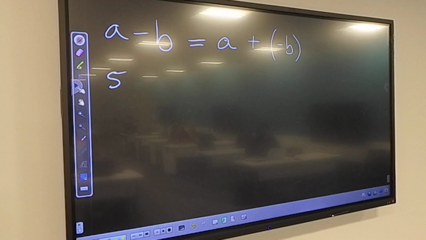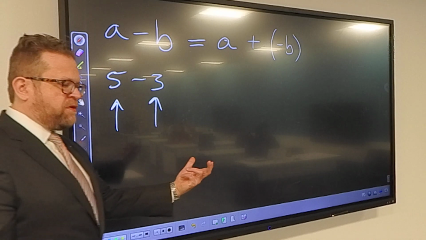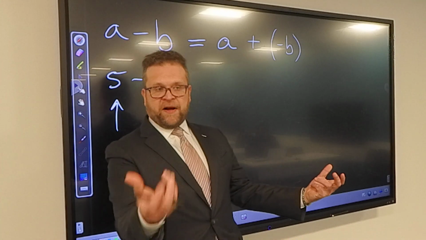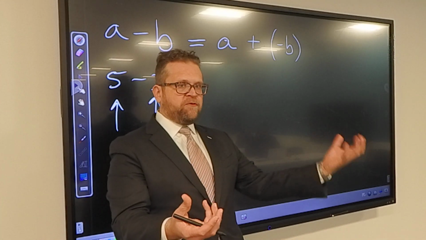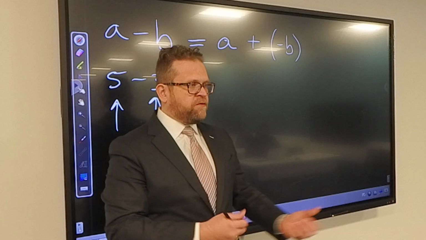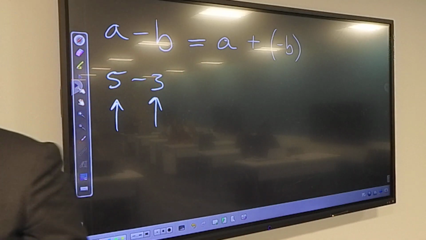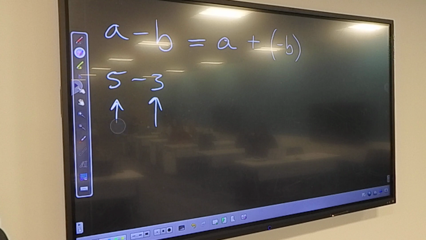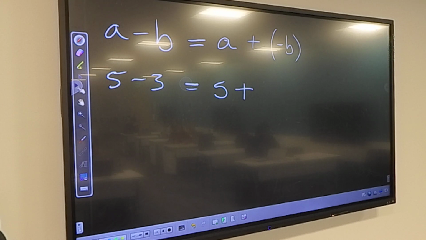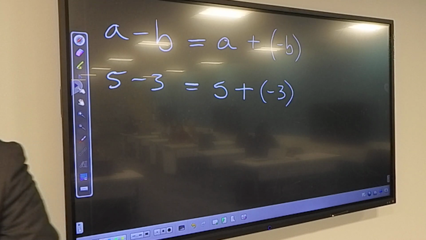So, for example, 5 minus 3. Many people will think about 5 minus 3 as here's 5 things, and then here's 3 things, the positive number 3. And then you have 5, and you take away 3 of them, and you have 2 left. That's fine, it gets the job done, but the correct perspective is that you have the number 5 and you are adding negative 3.